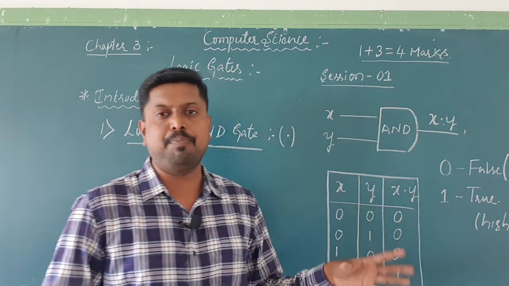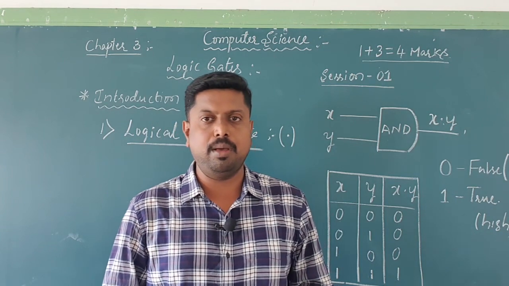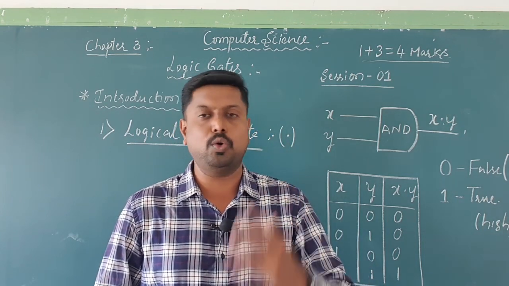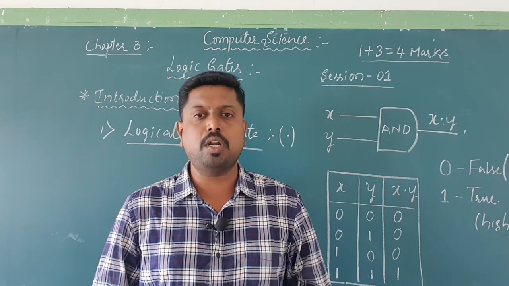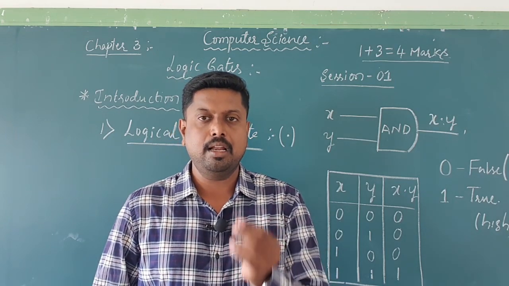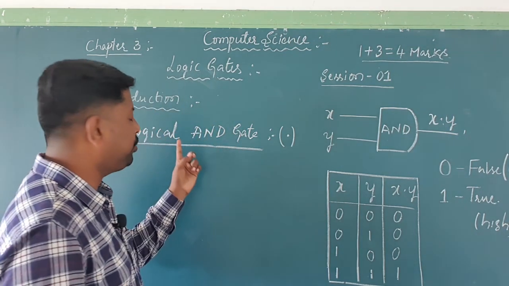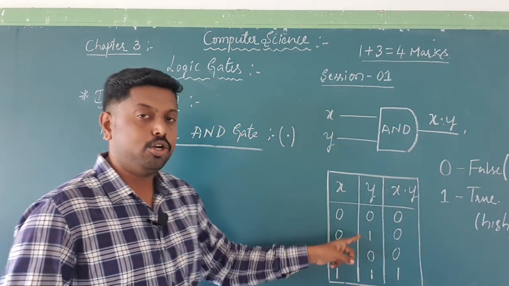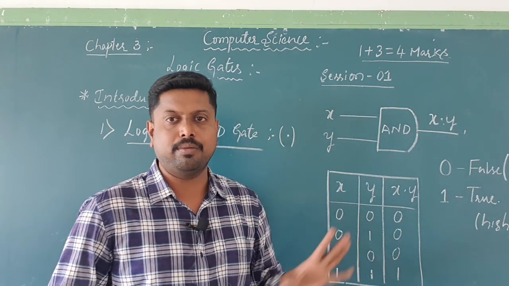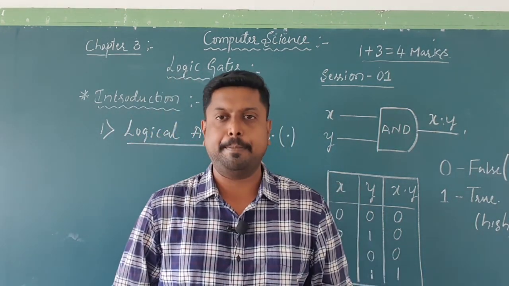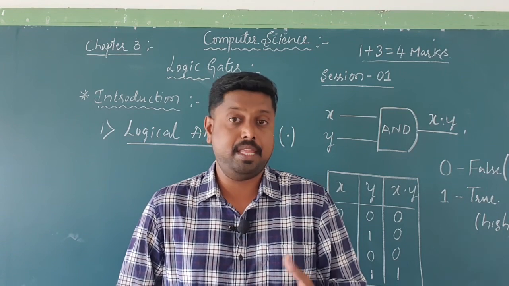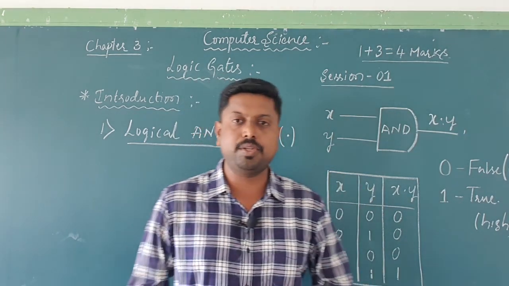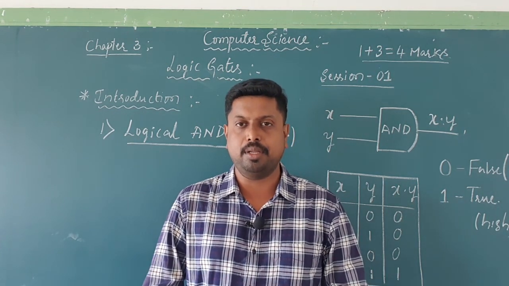Yes, with the help of that truth table, we have a chance to define the truth table for the 3-digit also. So this is what we call the logical AND gate: definition, symbolic representation, and its truth table explanation. These things you just remember. For this they may ask for 3 marks: definition, symbolic representation, and also one truth table explanation.